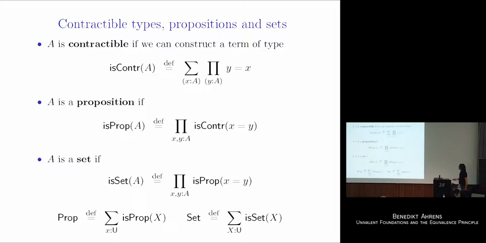So we define propositions. The type of propositions are those types in the universe U for which I can prove that they are actually propositions. And similarly, sets are those types in the universe U for which I can prove that they are sets.